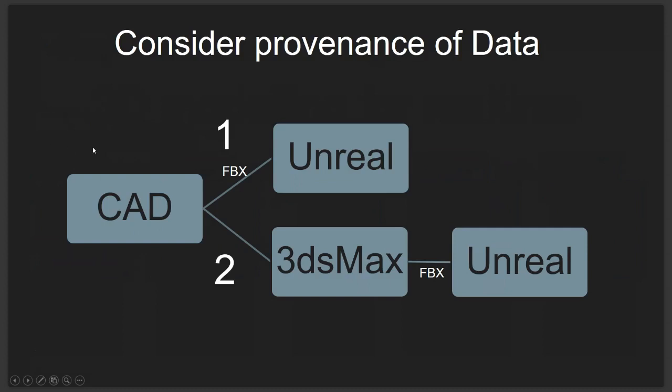So we will need to make that jump. And the second option we have here is to use a software like 3D Studio Max to manage our data and to send it over to Unreal.